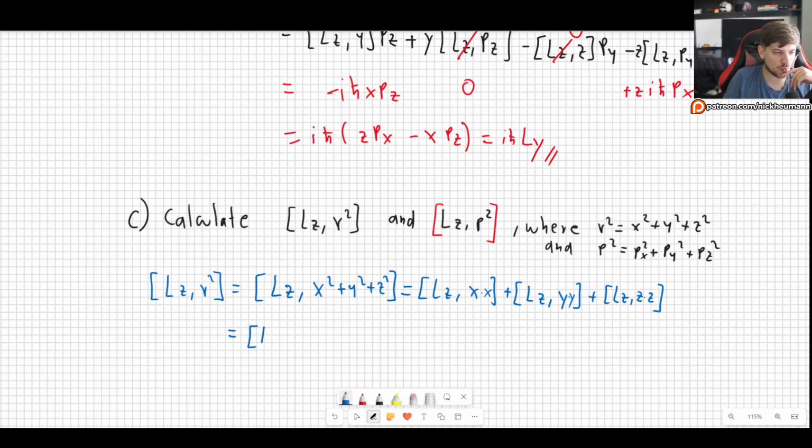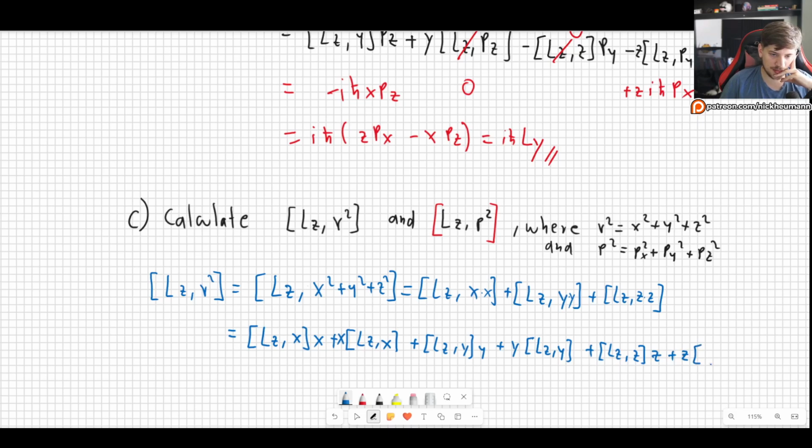So the first one would be [Lz, x] times x plus x times [Lz, x]. Now this one is the same but with a y: [Lz, y] y plus y [Lz, y]. And finally we have the same but with a z: [Lz, z] times z plus z times [Lz, z].